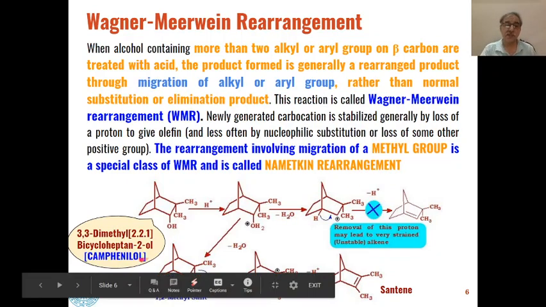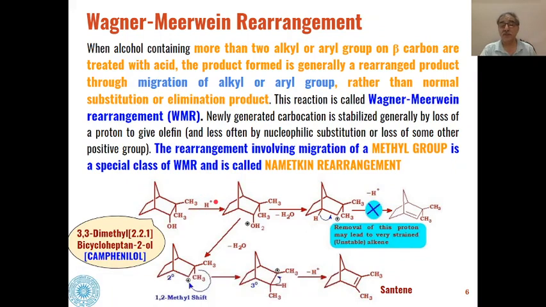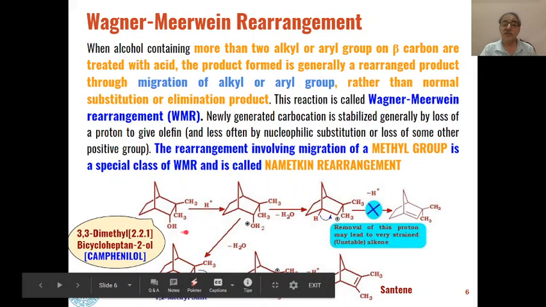Now, for example, if we have this camphenilol, 3,3-dimethyl-bicyclo[2.2.1]heptan-2-ol, and it is treated with acid, we know this acid will react with the alcohol and water will be eliminated by protonation of this alcohol, and when water is eliminated, a carbocation will be generated like this.